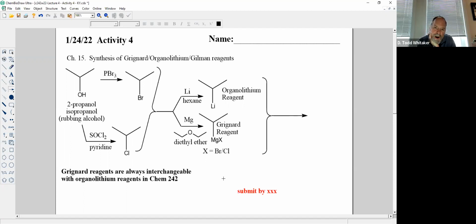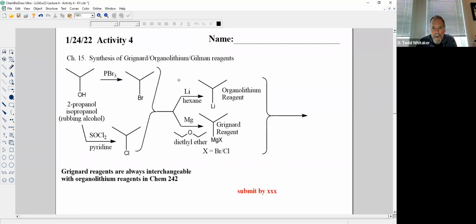All right, so you know how to make an organolithium. In summary, how do you make an organolithium? You take an alcohol and make it into an alkyl halide, either a bromine or a chlorine. And then you react that product with lithium and hexane, and you will get an organolithium regardless of which of these two you started with.